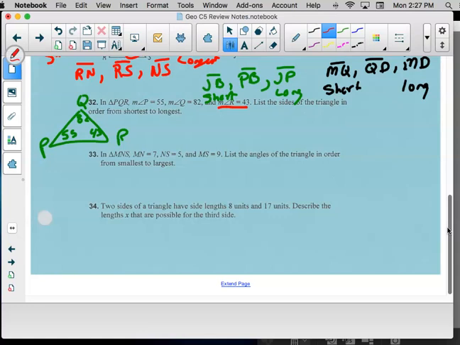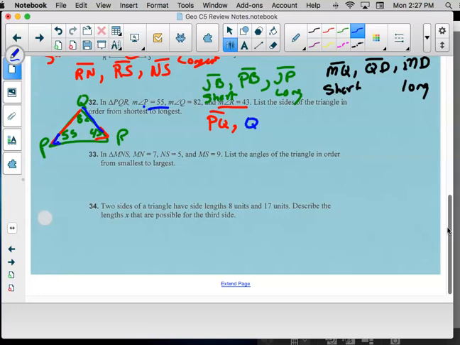And the two letters that aren't being used is PQ. So PQ must be the shortest side. It's opposite the shortest angle. So the shortest angle is R. That's right here. And PQ is the shortest side. Now, if I'm looking at 55, 55 is the next largest angle, and it's opposite PR. And you've got to keep in mind that's P, and angle P is 55, and that's QR.